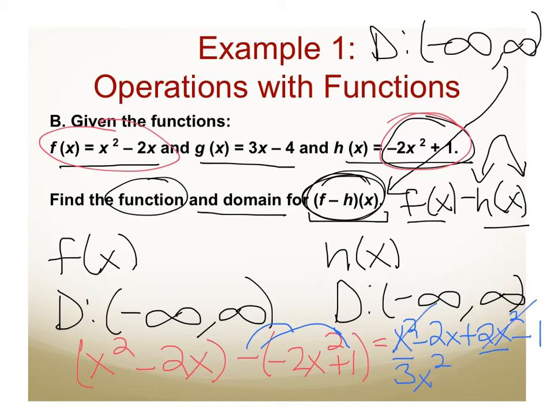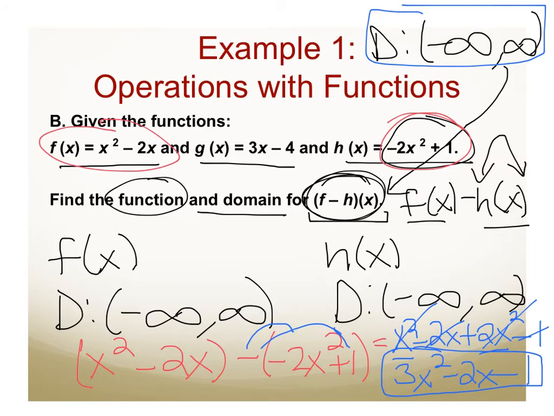And I still have a minus 2x, no other x terms to combine it with, and then minus 1. And I would then have a function of 3x squared minus 2x minus 1 is the difference function for f minus h of x. And remember, our domain then is negative infinity to infinity.